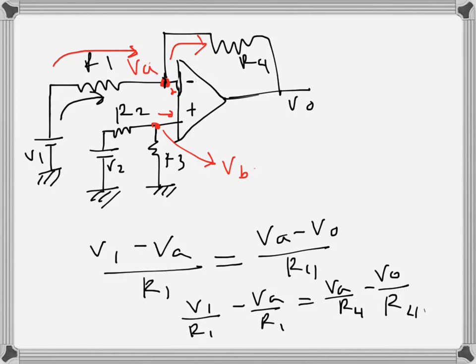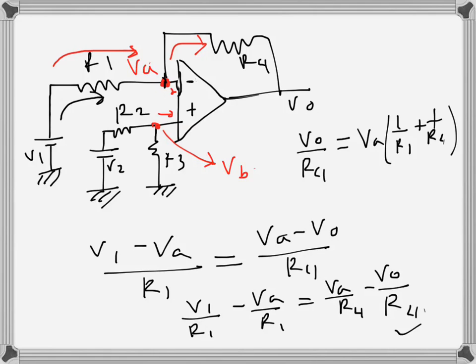So I can write V naught over R4 on the left-hand side, and then this can become VA times (1 over R1 plus 1 over R4) minus V1 over R1.